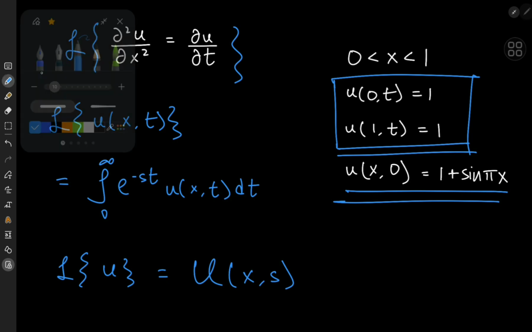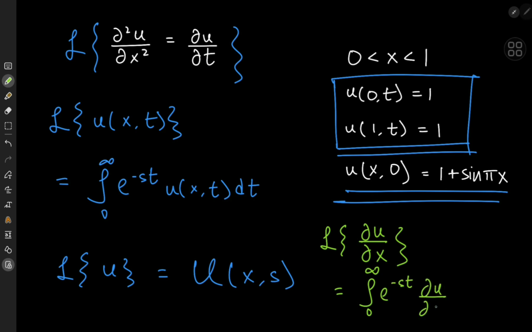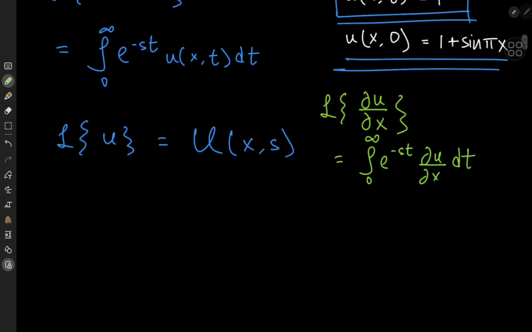Okay, cool. Now, what about the derivatives of u with respect to x? Well, consider the partial derivative of u with respect to x. What if we take the Laplace transform? Then again, we have the integral from 0 to infinity of e to the negative st times partial u by partial x dt. And the exponential term is independent of the x variable, so we could write the integrand in this manner, partial derivative with respect to x of e to the negative st u dt.